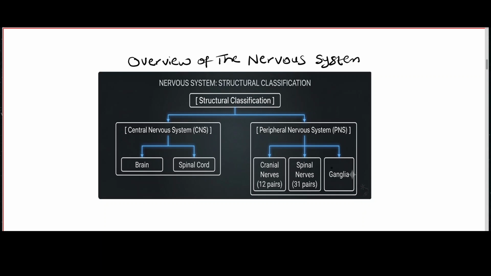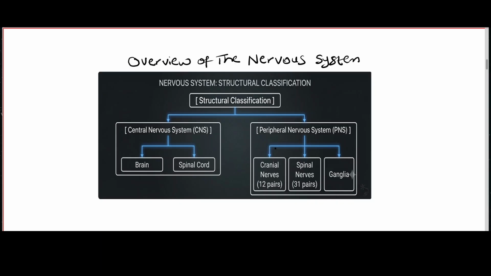A ganglion is basically a collection of cell bodies outside the central nervous system. Apart from the ganglia, we can also have peripheral nerves and endings to make up part of the peripheral nervous system.